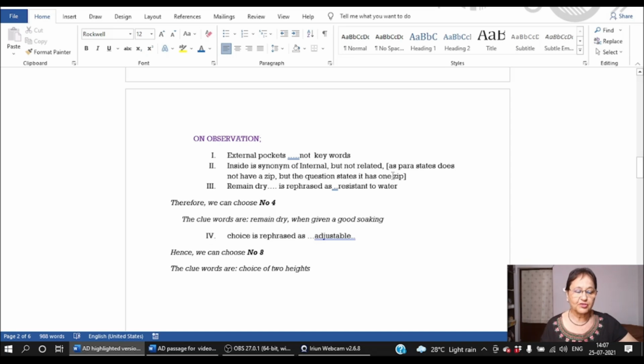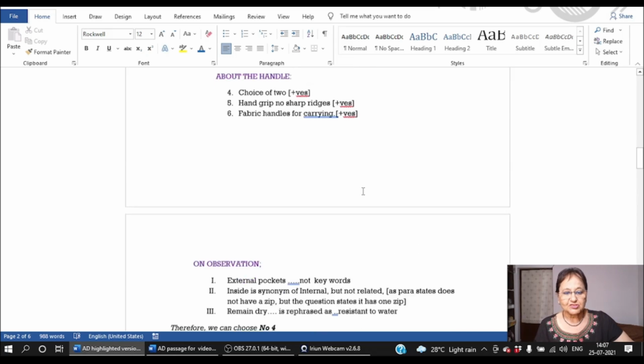So therefore we don't connect it. Third one on observation, remain dry is paraphrased as resistant to water. So when you say remaining dry, it means it doesn't get wet. And when it does not and cannot and will not get wet, the rephrased version is resistant.